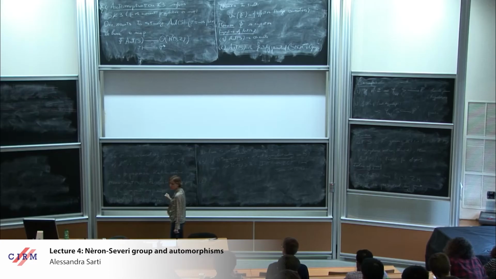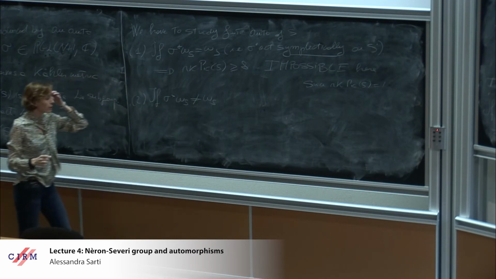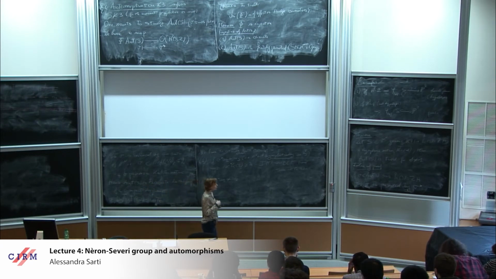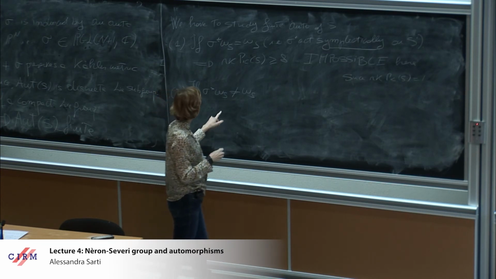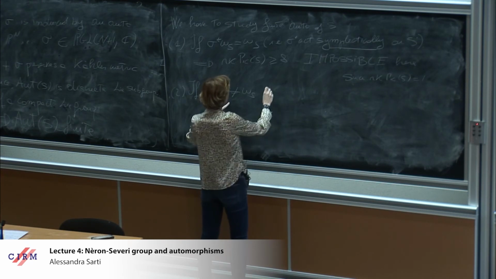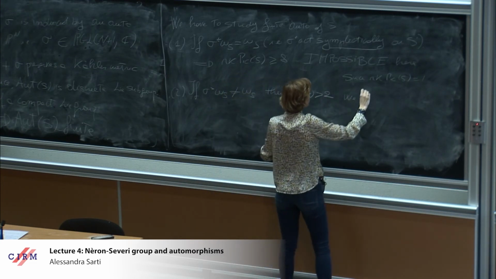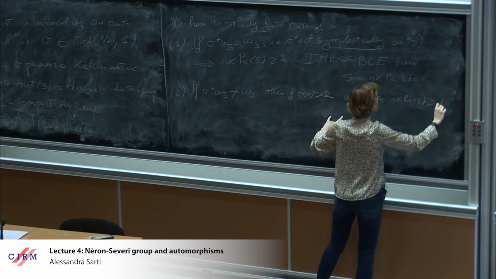Second possibility: sigma does not preserve the form omega S, so this means, we'll see that later, that there is a constant factor coming in front of omega S. Then, again, some consideration on the rank of the Néron-Severi group and on the transcendental lattice tells you that if the order of sigma is bigger than 2, the rank of Pic S is strictly bigger than 1.